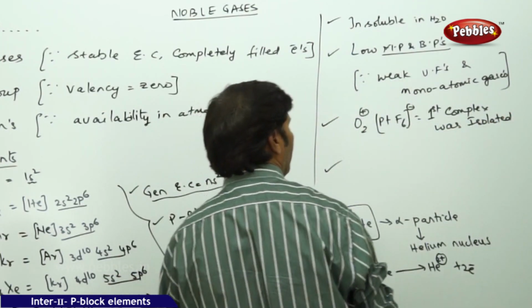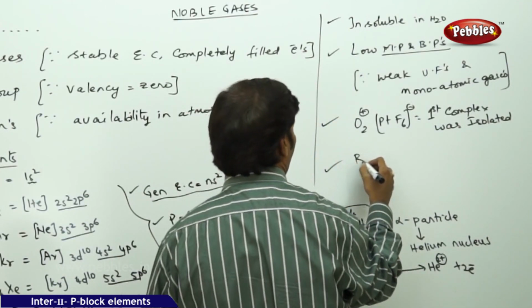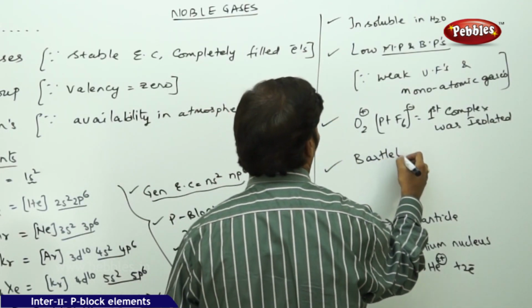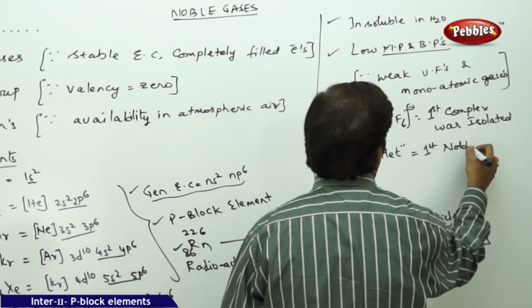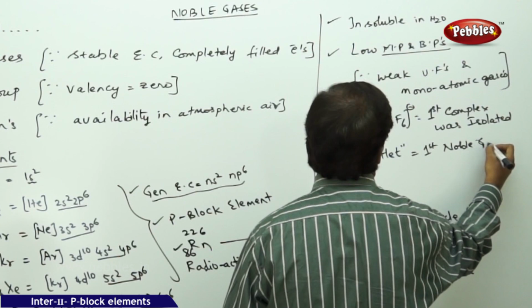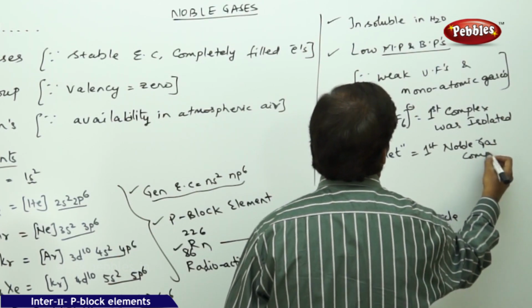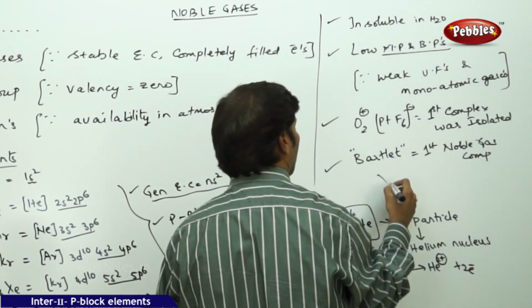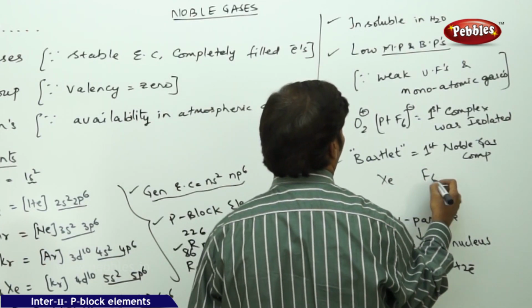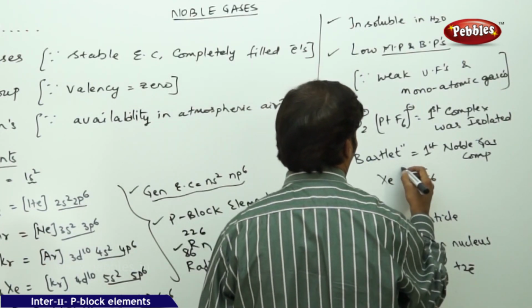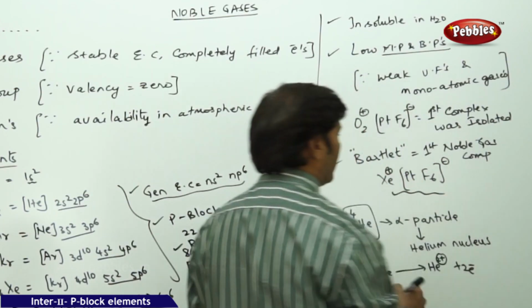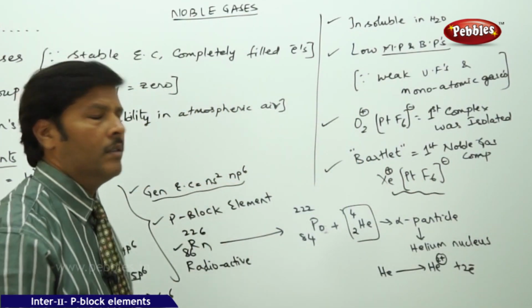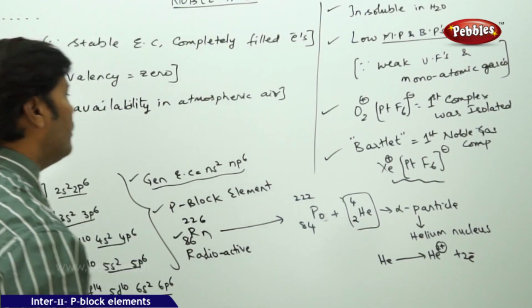But later it was Bartlett who isolated the first noble gas compound, which is xenon hexafluoroplatinate. This is the compound isolated by Bartlett.